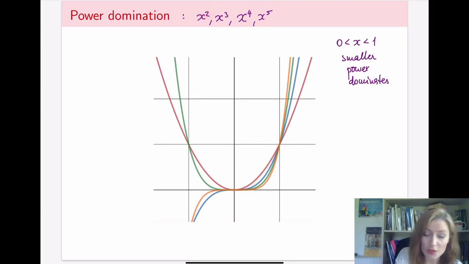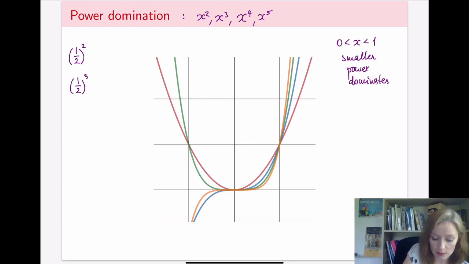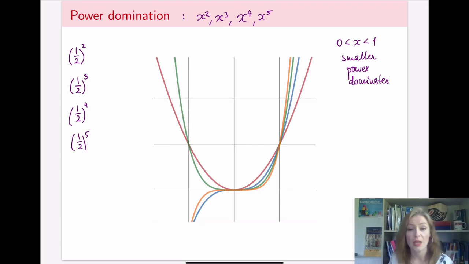In order to persuade yourself even more, it's probably a good idea to plug in some numbers. So I strongly encourage you to think about what if you plug in a number less than 1, let's say 1/2, and you compute 1/2 squared, 1/2 cubed, 1/2 to the fourth, and 1/2 to the fifth. And notice these are now going to be the y-coordinates of your points on the graph.